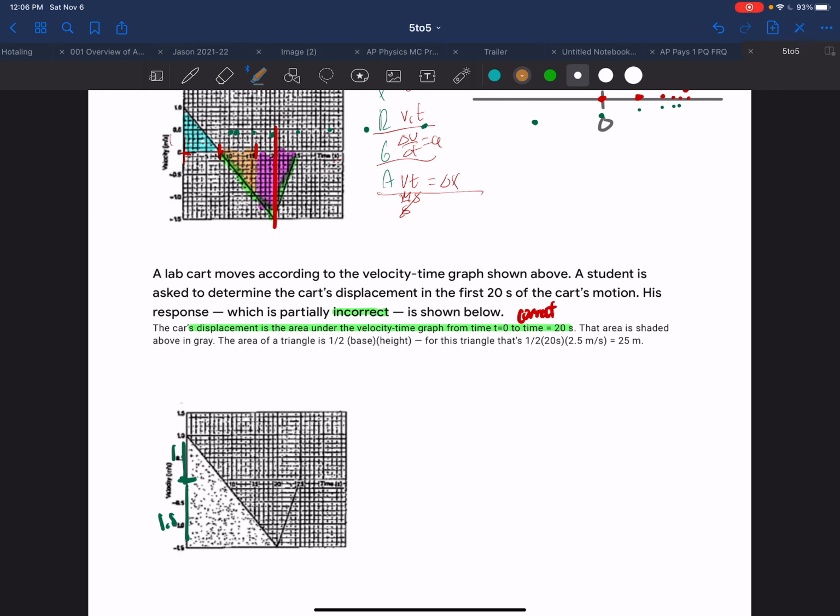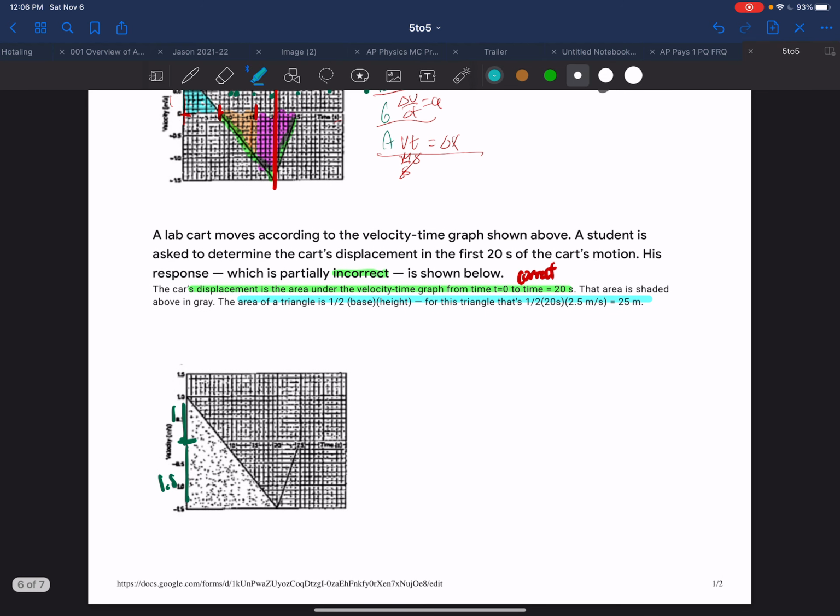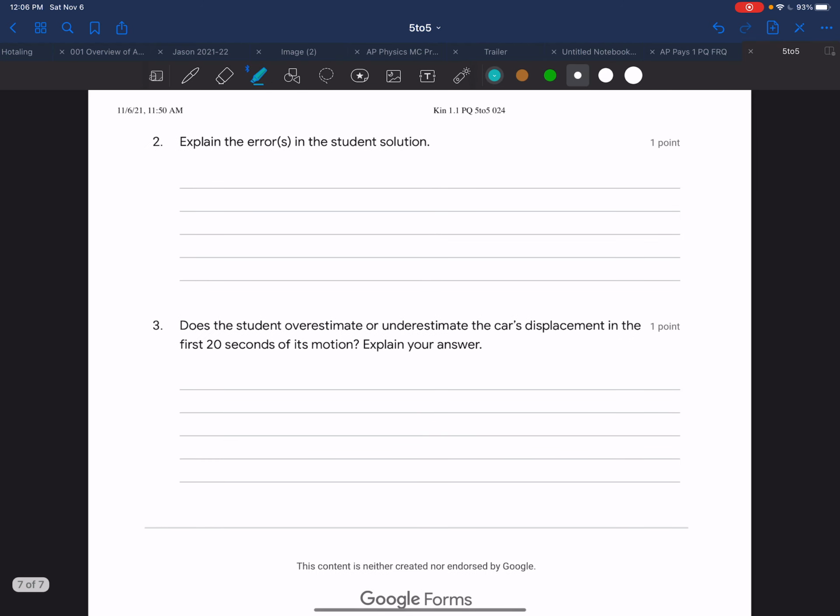The student thinks all the area is positive, and so the student has incorrectly identified the area involved. All right, so we now understand, we know that this is incorrect. They've identified the wrong area. Now, what's the question? Explain the errors in the student's solution. Oh, so it's easy.